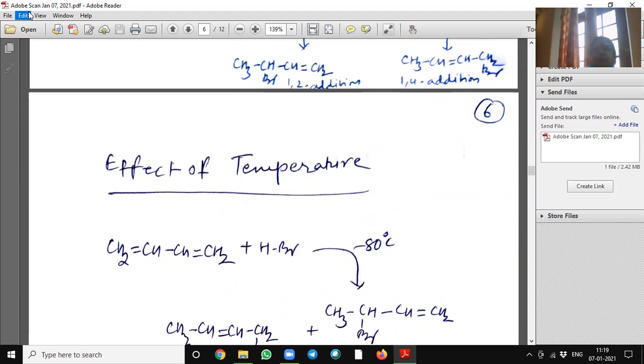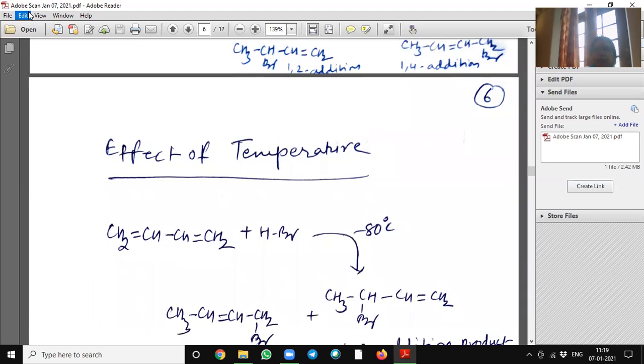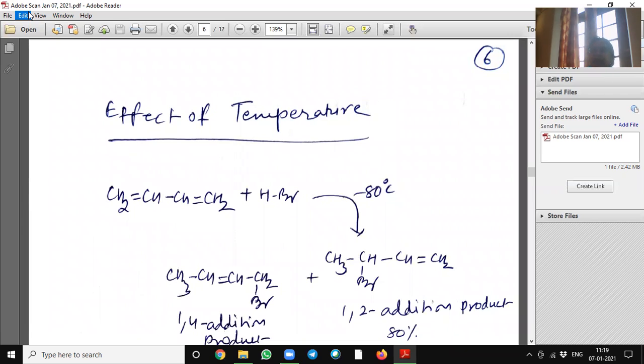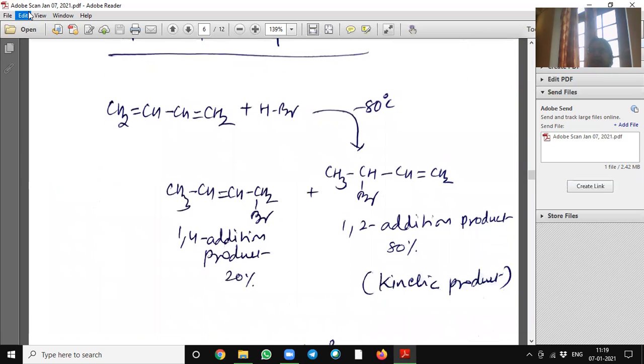It depends upon the temperature. Suppose this reaction is carried out at lower temperature, at minus 80 degrees centigrade, then we will get 80% 1,2 addition product and only 20% 1,4 addition product.